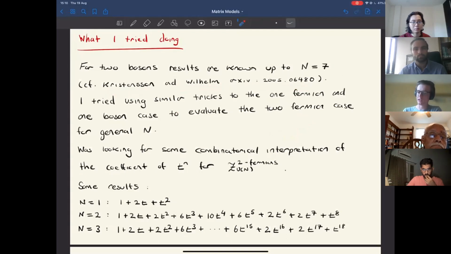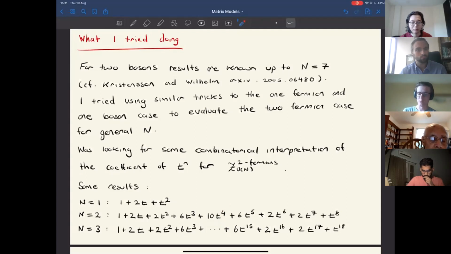So like I just mentioned, I tried using similar tricks to the ones I just described for one fermion and one boson to evaluate the two fermion case for general n. Because if you look, these are the results for two fermions. Well, I've left out a bit here, but they're palindromic polynomials and they're quite symmetric. And I thought, okay, maybe this right here is counting some subset of partitions of 4 and stuff like that.